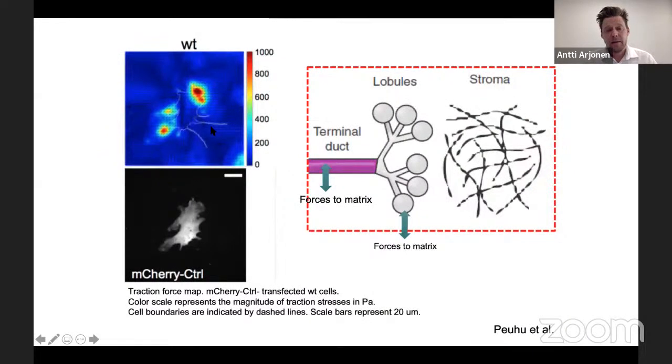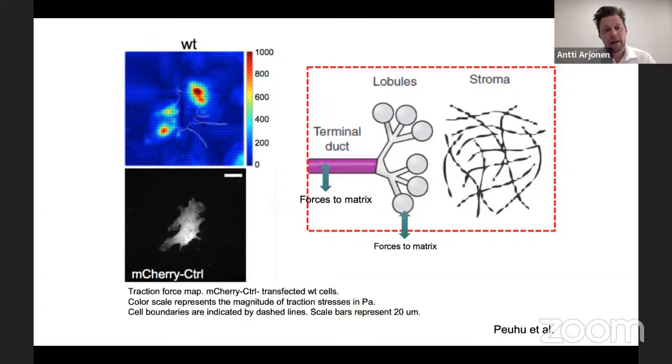So in the end, by doing this 3D printing, we can actually look at the forces that the cell lines make, or the interactions that the cell lines make with the matrix. And this is exactly what cell invasion is all about.